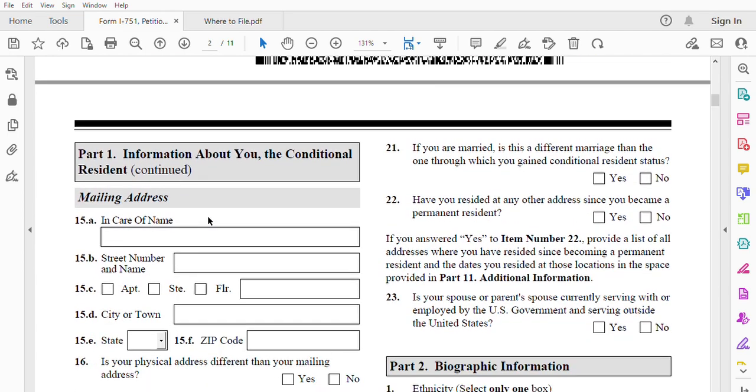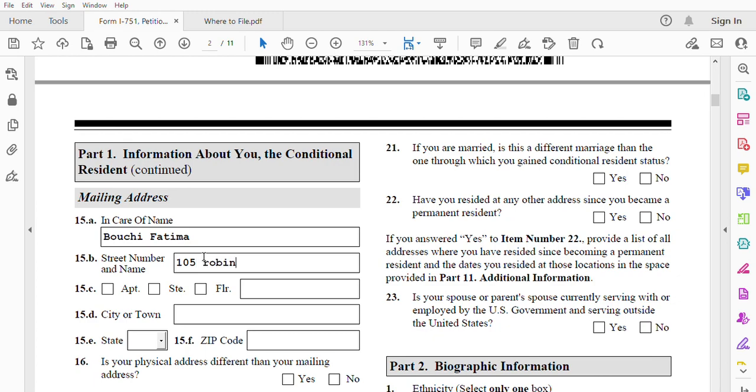We're still on part one, information about you, the conditional resident. In care of name, it's Bushi Fatima, that's the person who is filing this form to remove the conditional residence. Street name is 105 Robert Run.